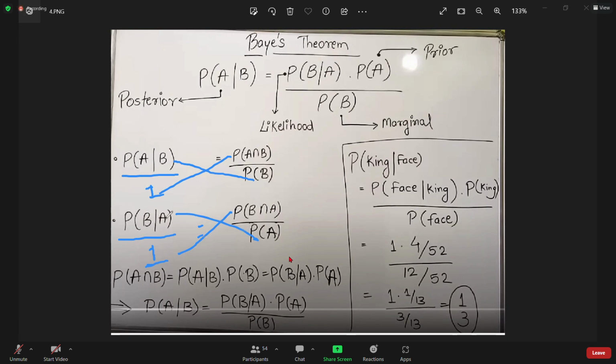So here, if you see this, A given B into probability of B. Can I write that? A given B into 1 is A intersect B. Can I say this, guys, or not? And B intersect A into 1. Also, see, 3 into 2 versus 2 into 3, equal or not?